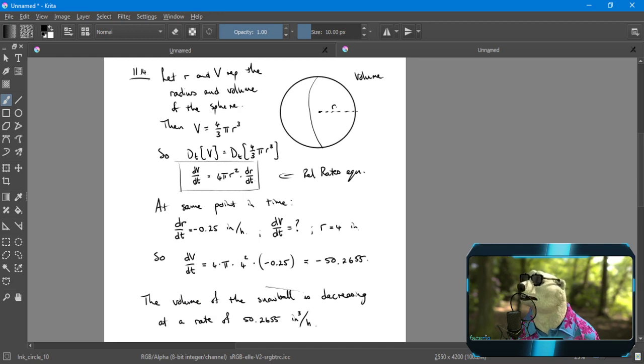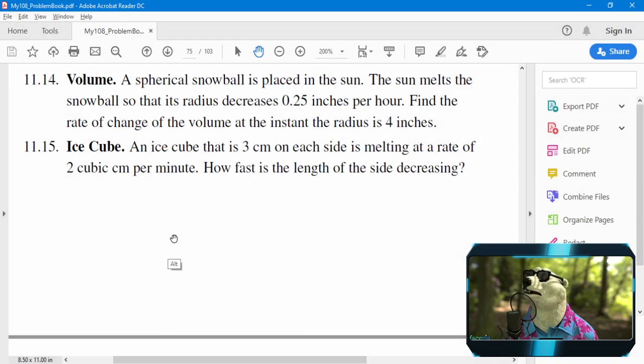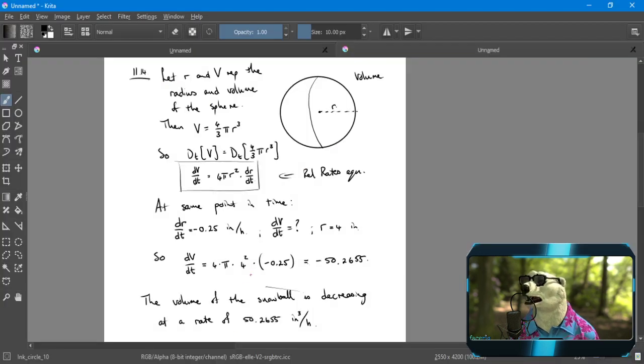Just one note, we're not going to do this one because it follows a very similar path to the volume of a sphere. But if we look at 1115, we have an ice cube and we have a cube as our shape. But I'm hoping that everyone can calculate the volume of a cube.